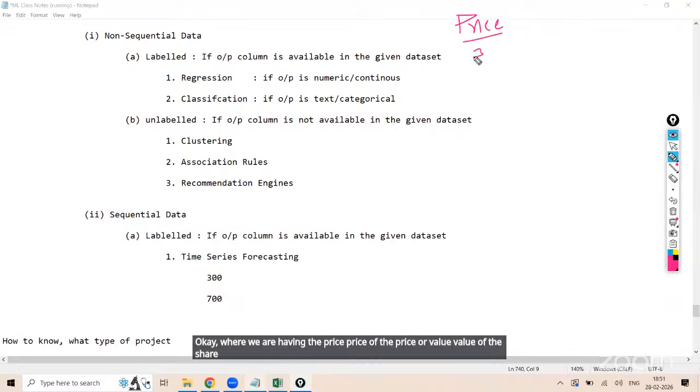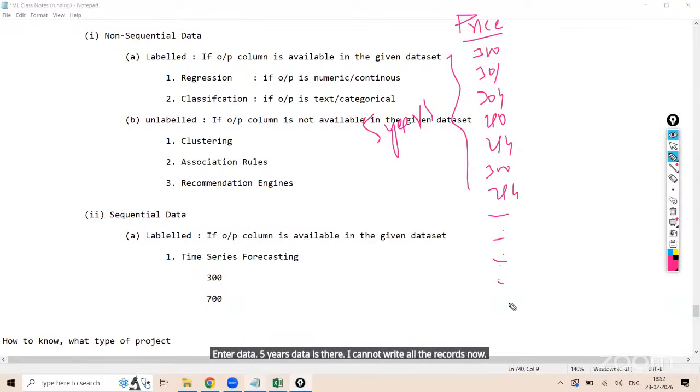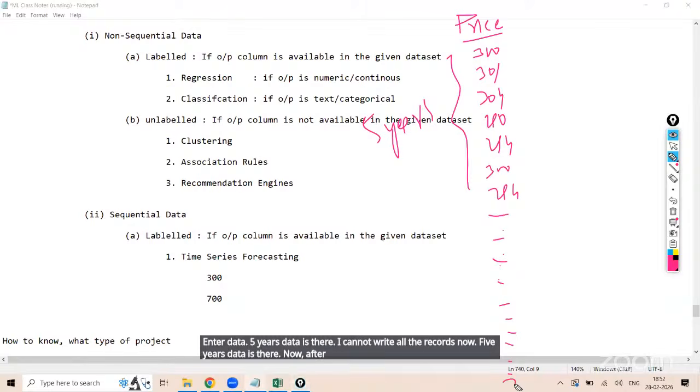For example, 300, 301, 304, 290, 294, 296, 300, 294. Like this, every day we'll have fluctuations. Ups and downs will be there, and slightly it will increase. This is the prices from 5 years back. I cannot write all the records now. Now, after 5 years, the values are 600, 650, something like that.